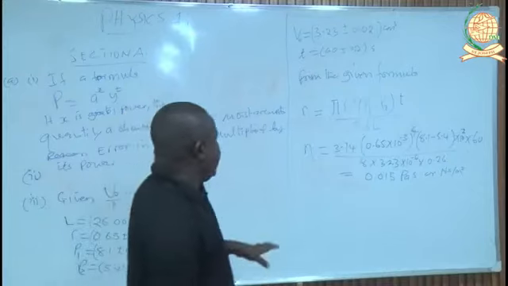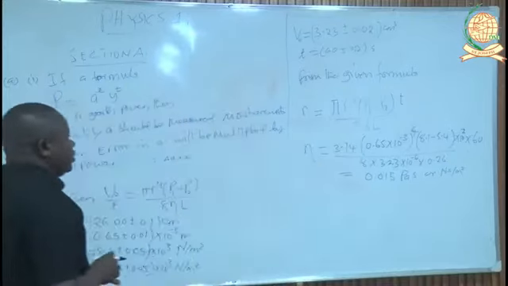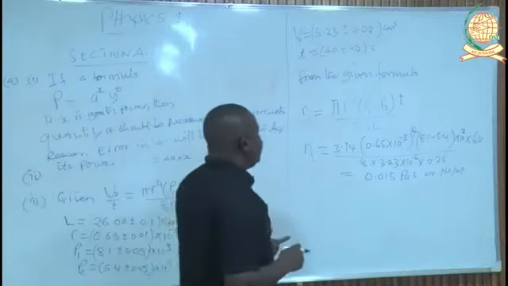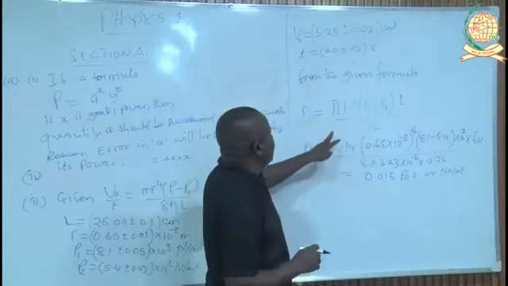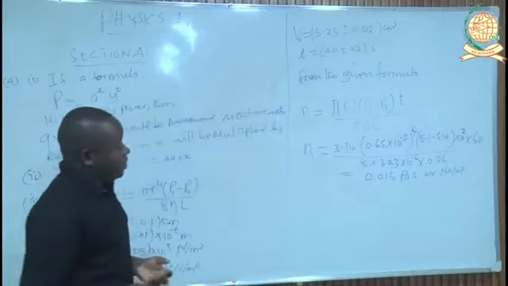But the question is not only to find the value of the viscosity coefficient, it is also to find its associated error. The error which results from the errors made during the measurements of radius, pressure 1, pressure 2, volume, and length.